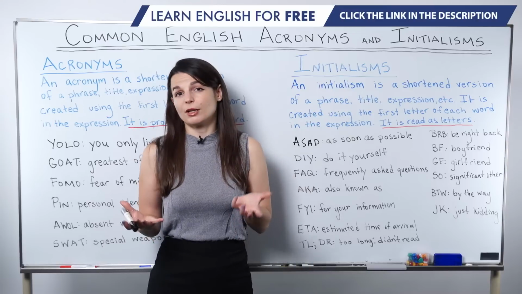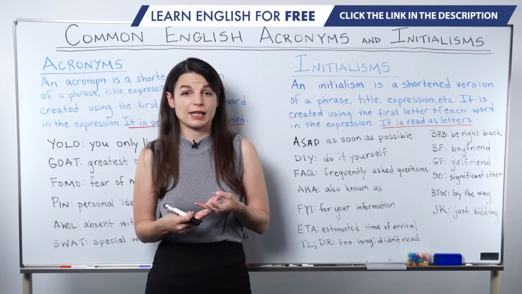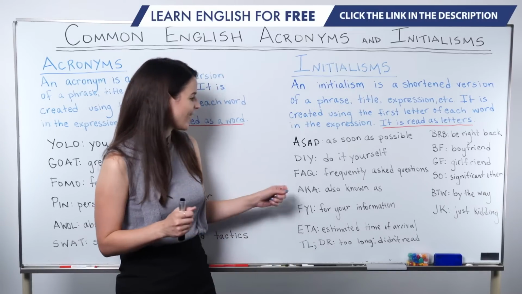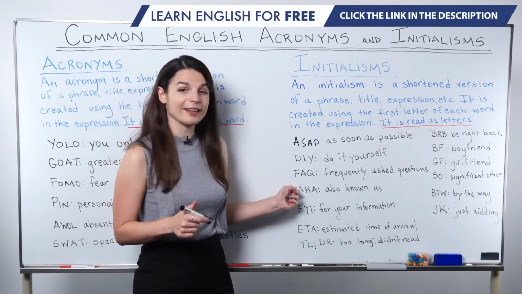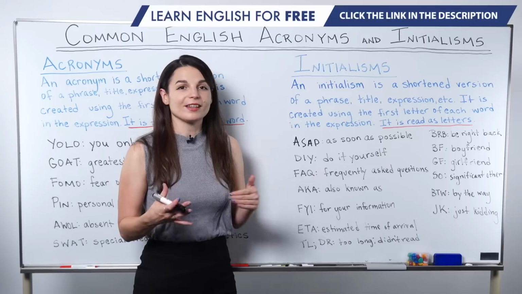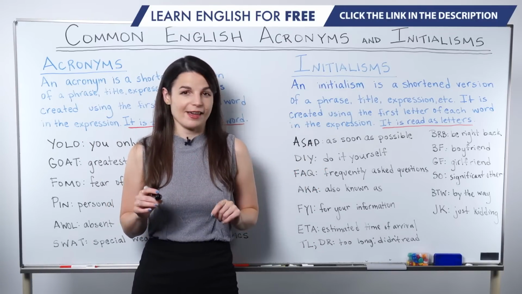So it's typically found on websites. It might also be found in pamphlets of organizations, but FAQ is another good one to know. Okay, next is AKA. AKA means also known as. So when someone or something has more than one name, you might see AKA used.